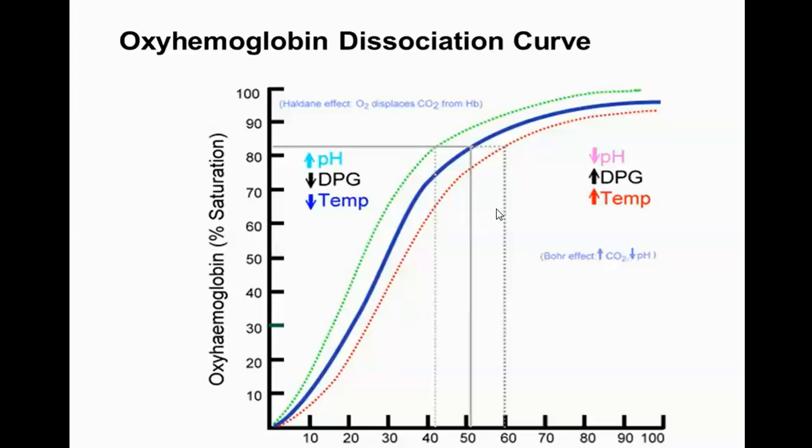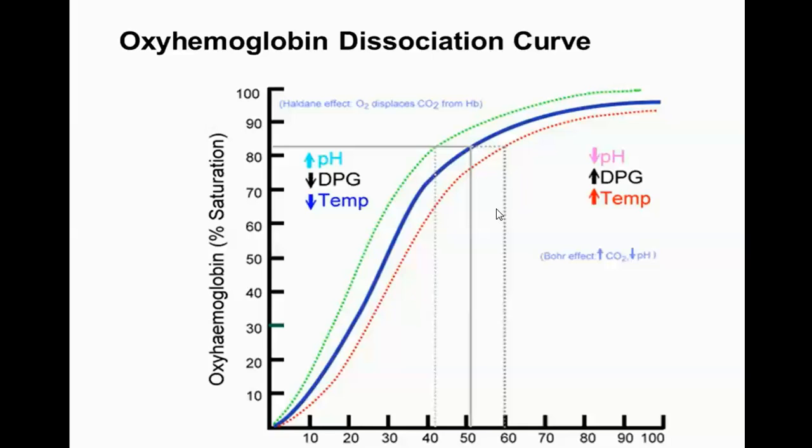We discussed why this is the shape of the curve. After that, there is a shift to the left and a shift to the right. This is left, this is right. What's the difference?